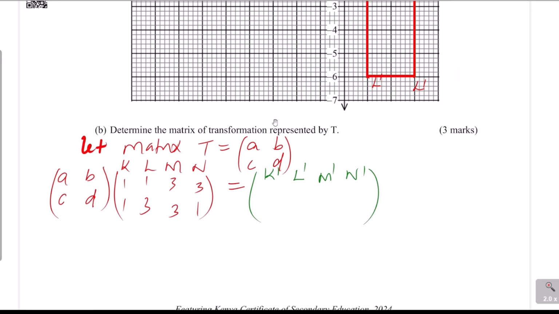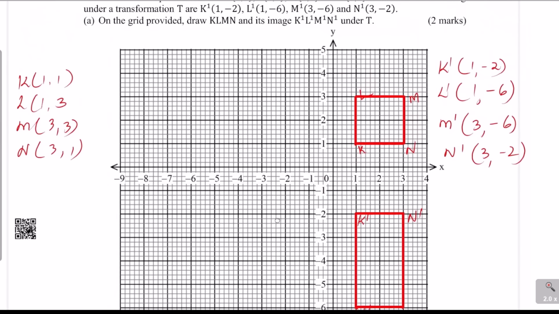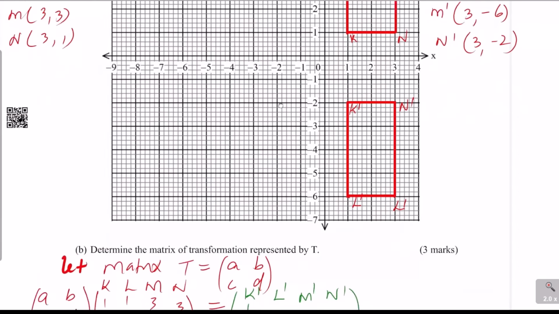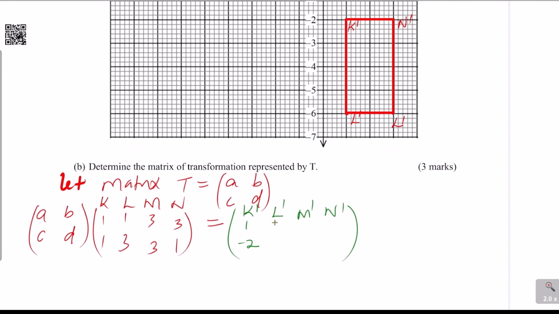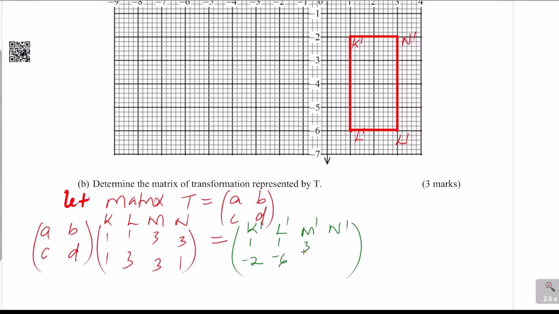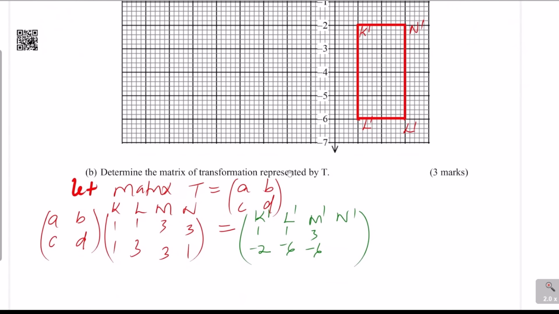We have them here. So you have 1 negative 2, and then L is 1 negative 6, M is 3 negative 6, and N you have 3 negative 2.